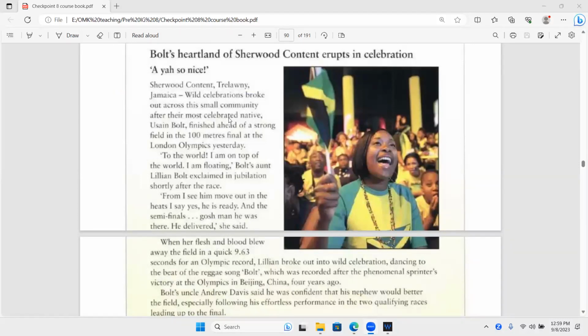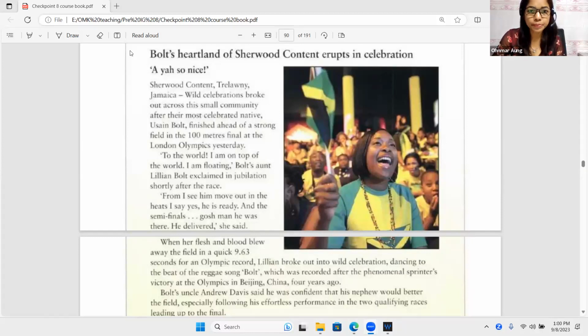How do you pronounce it? Jamaica. Why celebrations? Jamaica, while celebrations broke out across the small community after their most celebrated native Usain Bolt finished ahead of the field in the 100 meters final at the London Olympics yesterday.